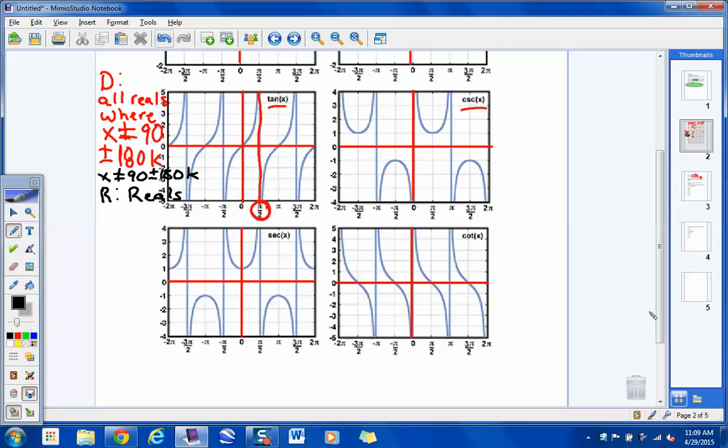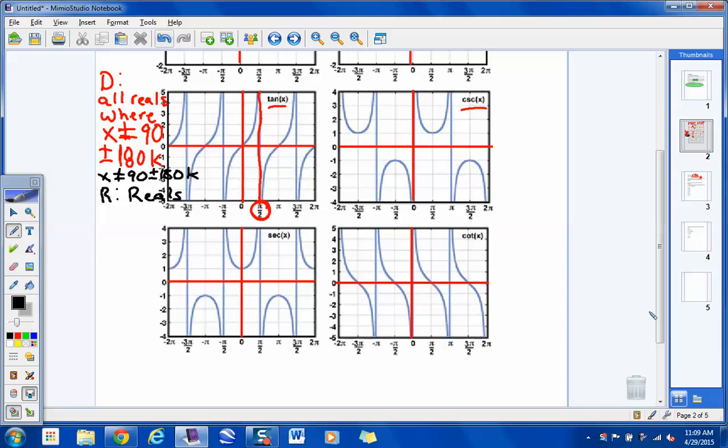And guys, really what this is saying is this. When I say plus or minus 180k, it's talking about how often this repeats. Take a look at this right here. What was the tangent of 0? 0. Tangent of pi, which is 180 degrees, is still 0 again. Its values repeat every how many degrees?